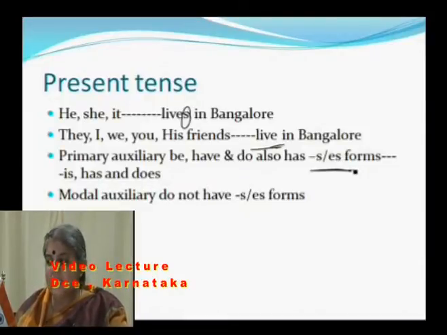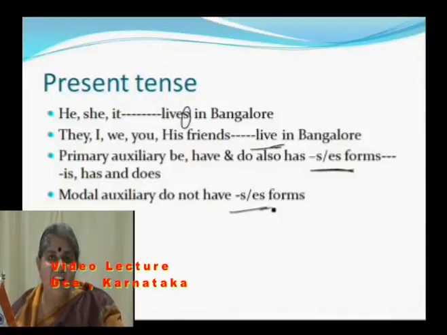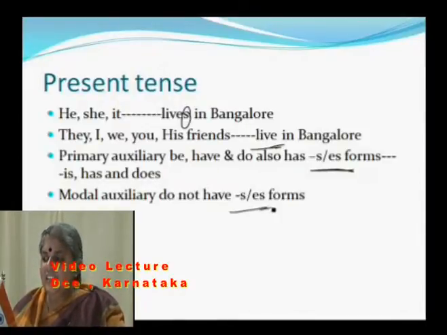Does. It takes an s or an es form in this manner. Modal auxiliaries do not take an s or an es form. Lexical verbs only take an s or an es form. Primary auxiliaries only take an s or an es form. Modal auxiliaries do not have an s or an es form.